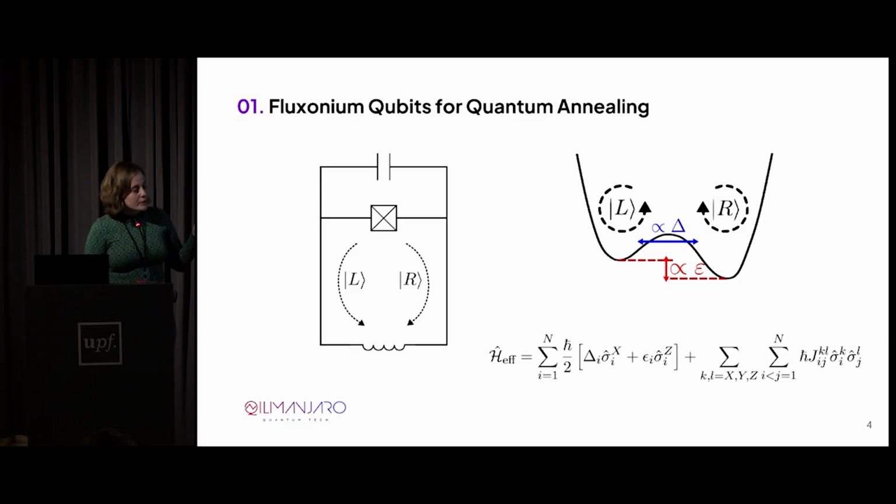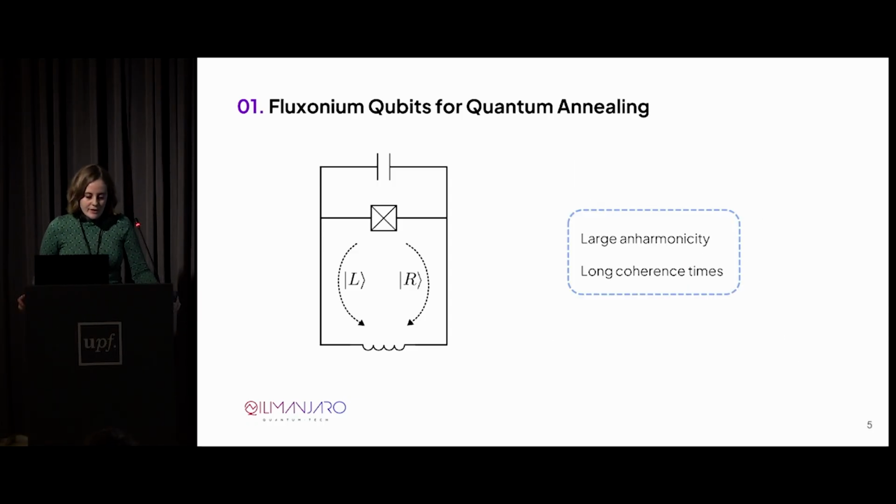From this expression, it becomes quite clear that with a system like this, we have all the necessary ingredients to perform an algorithm like the one that I was talking about in the first slides. We even have more coupling terms given in this expression, that if, of course, at some point we are able to control and manipulate, could lead to potential speedups in our computation, or even allow us to simulate much more complex systems. But this is out of the scope of this talk.